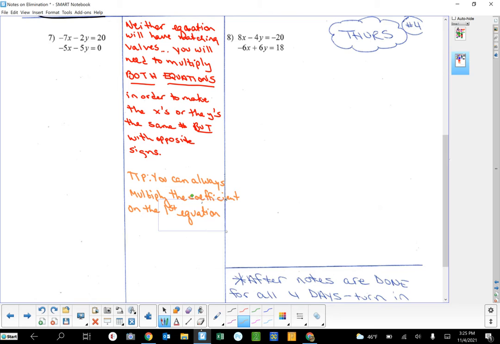So, no, we're going to back up a little bit here. I'm sorry, we're going to have to erase. Okay, so multiply the second equation by the coefficient of the first equation.